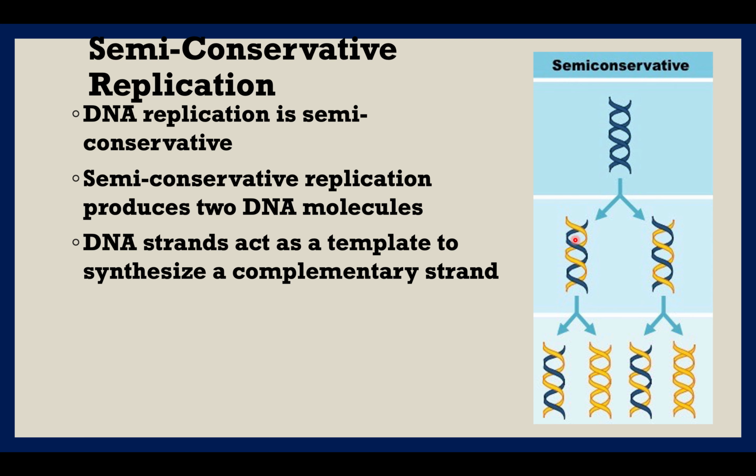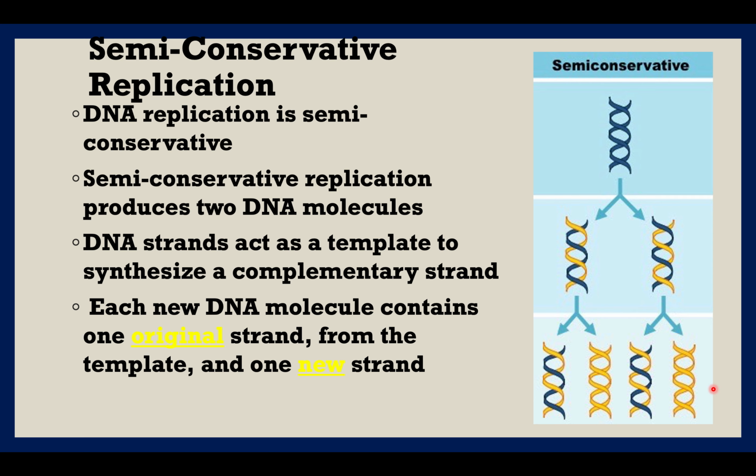Now we see we have an old strand and a new strand, right? And then in a new division, we actually only have two old original strands out of the 8 strands that are available now. This is showing semi-conservative replication.